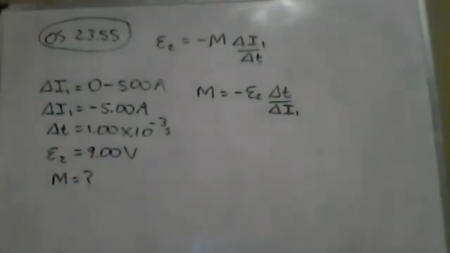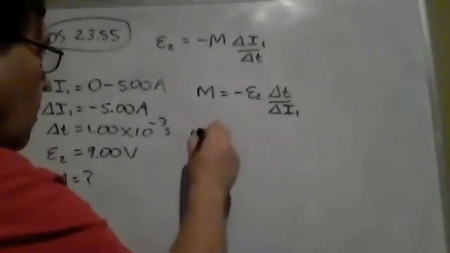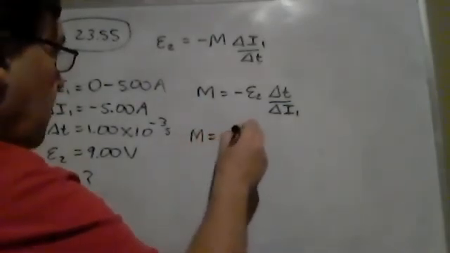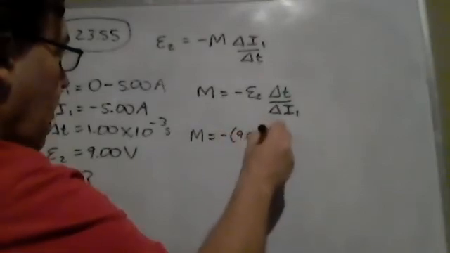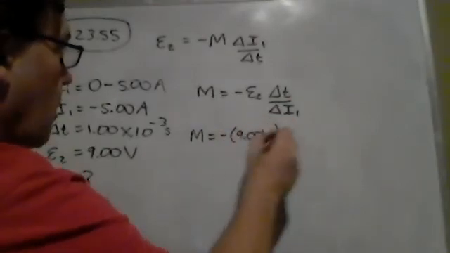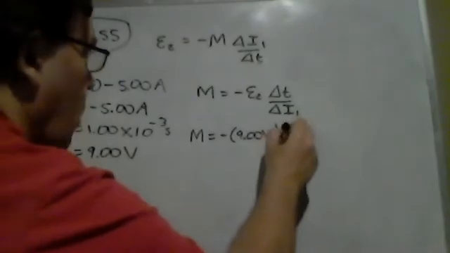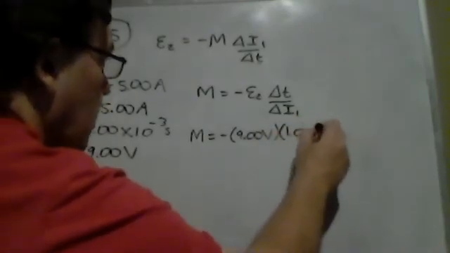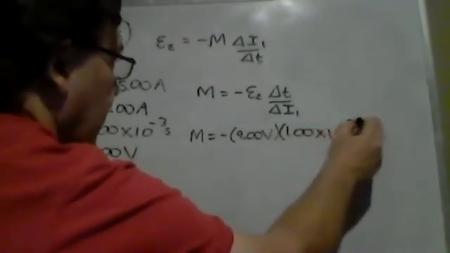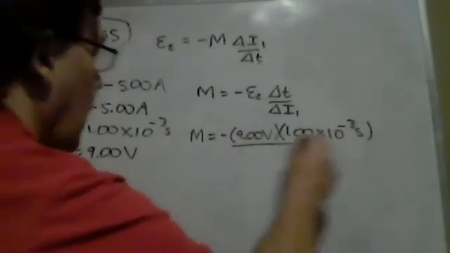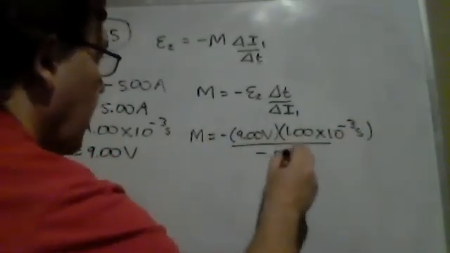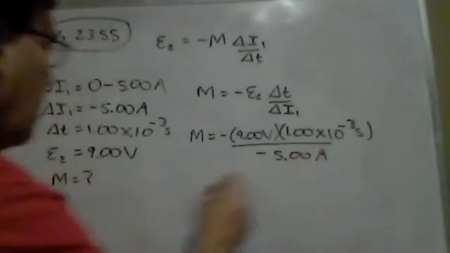M is equal to negative 9.00 volts, times delta T, 1.00 times 10 to the negative 3 seconds, over delta I1, negative 5.00 amperes.